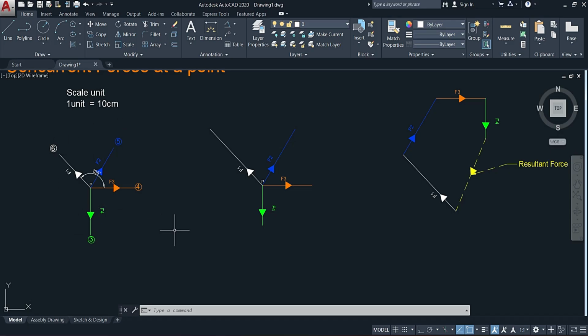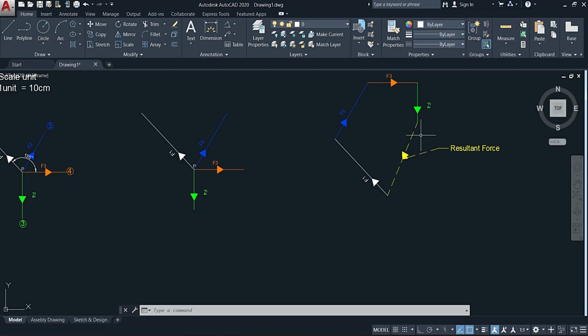So whatever force is acting here has to be canceling out everything here. Now, how do we find this value? We simply measure this line here to find out our equilibrant force.